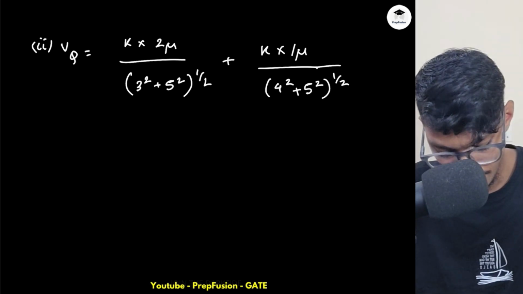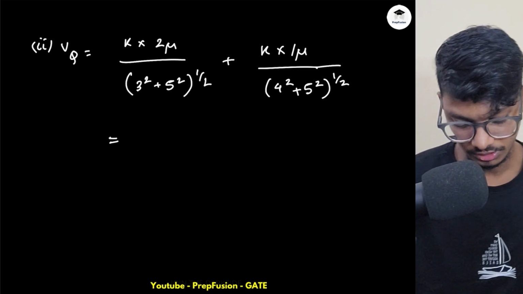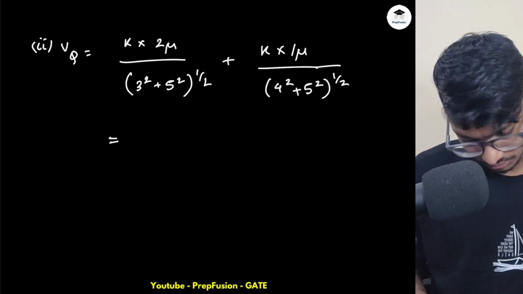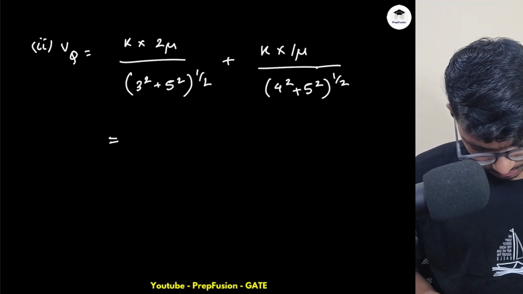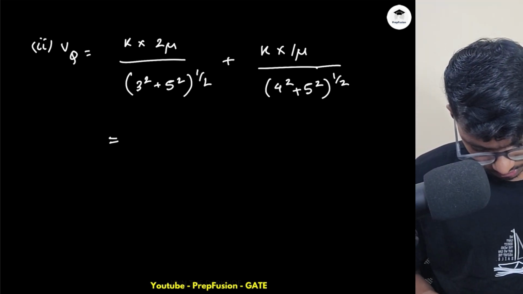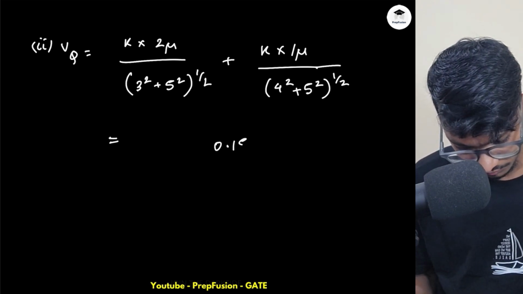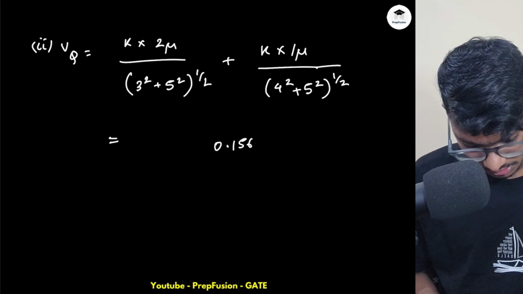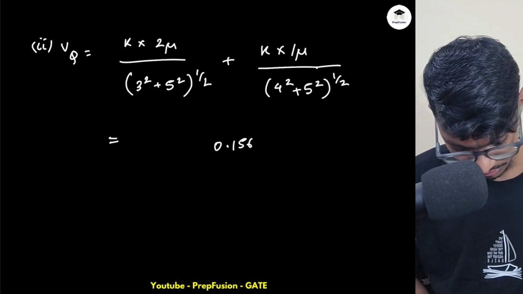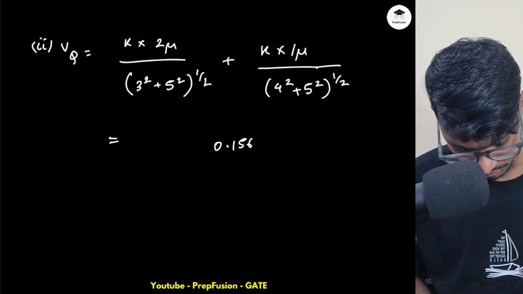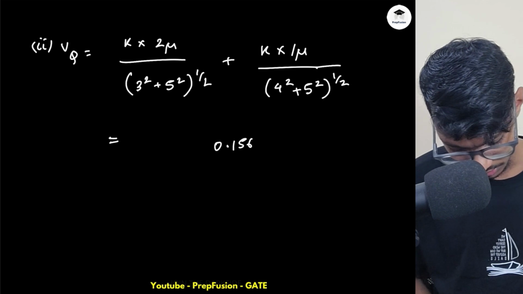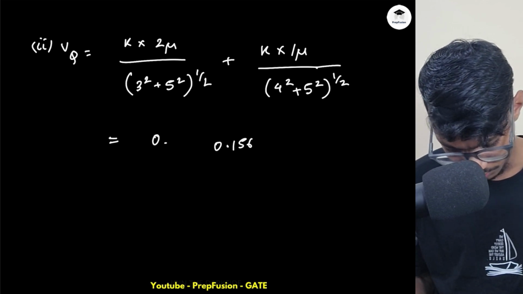So this will be equal to what? I can quickly compute this, just hold on a second. 16 plus 25 under root, and this is 0.156, and this should be 9 plus 25 under root into 2, and this is 0.343.